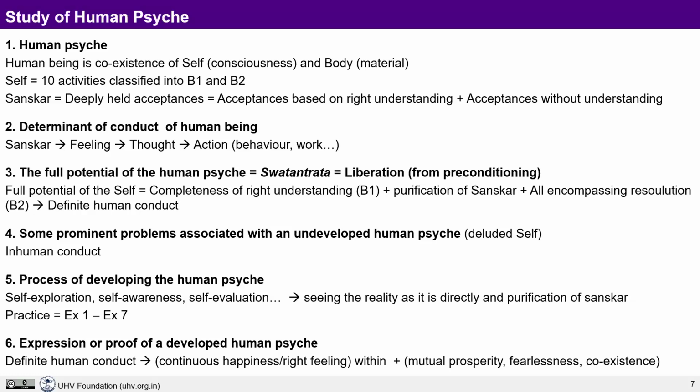Now you'll see people have tried to investigate into the action or thought or feeling or sanskar using their various terminologies. Jargons could be there. You'll see that there are various jargons in different schools of psychology. For example, when Freud talks about human psychology, he uses the word id, ego, and superego. Now this may appear completely as a different term, but if you have the clarity of the determinants, then you can be able to relate all these words to what is happening inside the human being, inside the self.